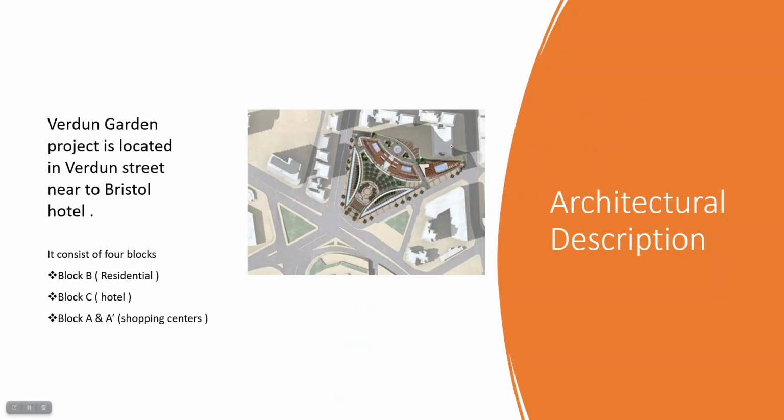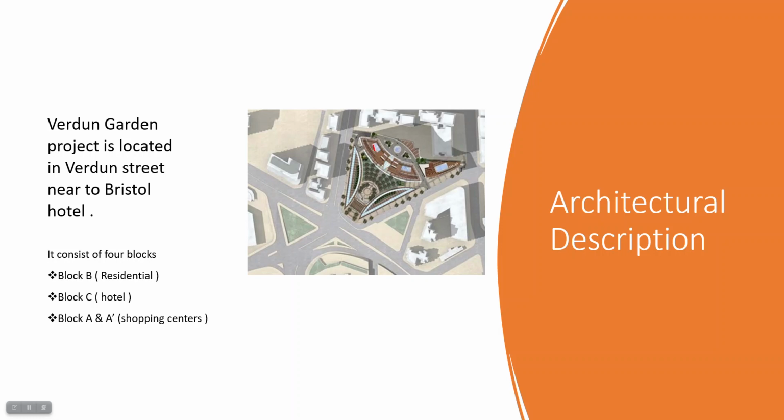So what is our project? Our project is, in reality, a project which exists in real life. We have a project called the Verdun Garden. This project is located in Beirut, Verdun. It consists of four blocks.